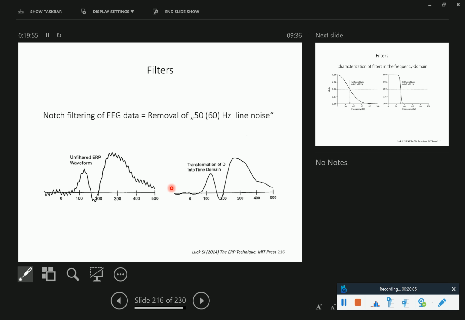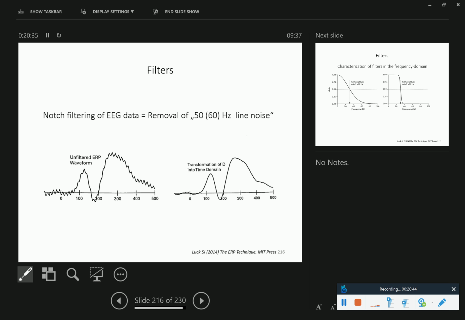For example, if one does not do low-pass filtering with a cutoff of 40 Hertz, but wants to look at the whole frequency range from 0 to, let's say, 100 Hertz, but still wants to get rid of line noise, then one can use a notch filter that is very focused on a given frequency. And if this is a pure 60 Hertz contribution, then using a notch filter can also remove that.